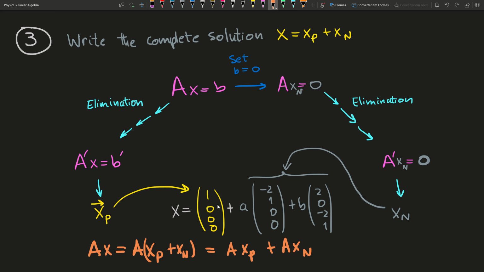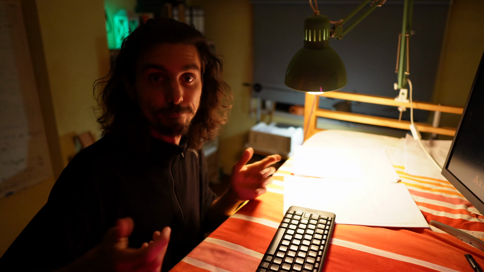But A times this gives me the b, and A times any vector of the null space is 0, and b plus 0 is b again. So Ax = b for every x of this form that we found here. That's it.